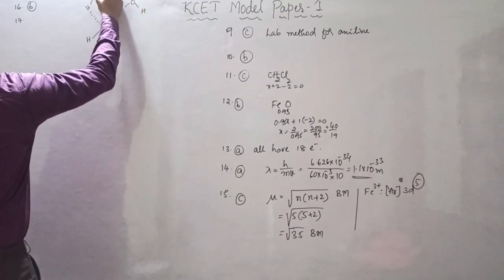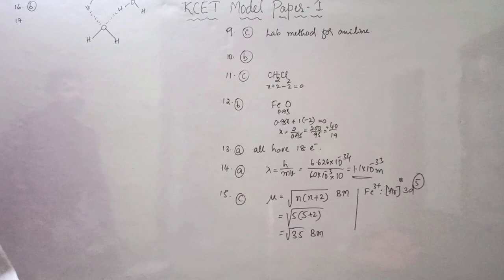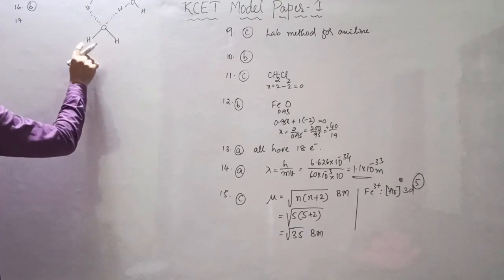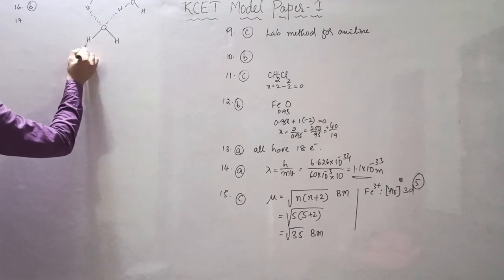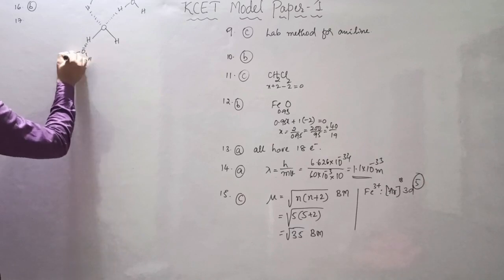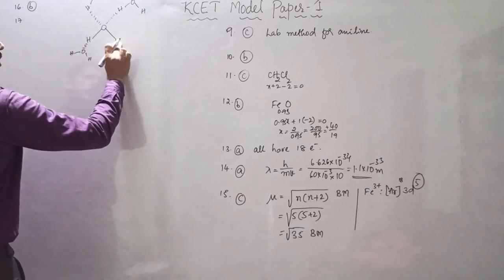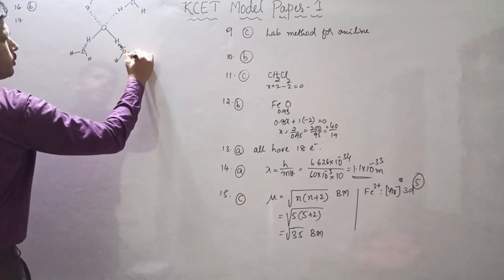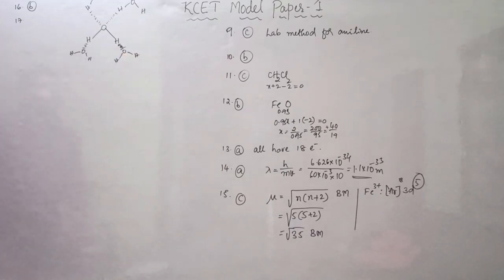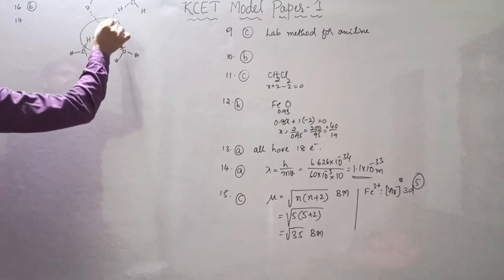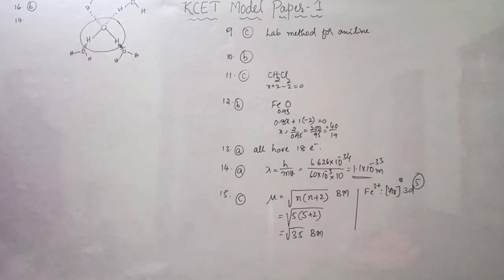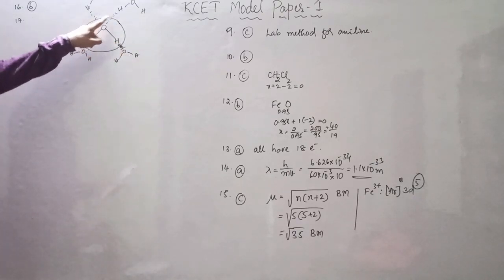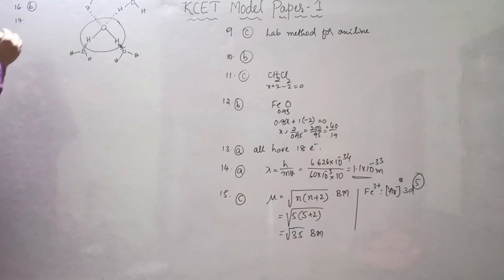So H, O, H. Next, the 2 hydrogen atoms present can also be involved in hydrogen bonding like this with the oxygen atom of another molecule. So you can find out now how many hydrogen bonds are possible per water molecule. So I am focusing on this water molecule, right? So totally 1, 2, 3, 4. So option B is the right choice there.